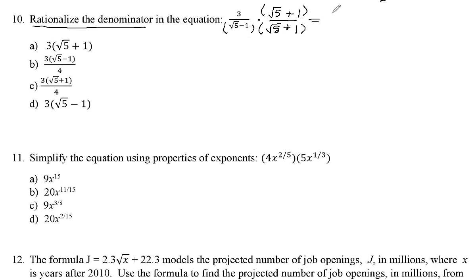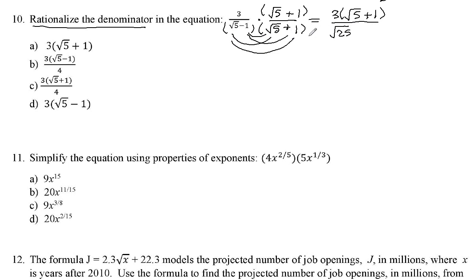So on the top, we're just going to leave that as 3 times the square root of 5 plus 1 in parentheses. In the denominator, though, we're going to go ahead and FOIL this. So square root of 5 times square root of 5 by the product rule, that's going to be square root of 5 times 5, so root 25. Outer terms here, plus root 5. Inner terms, negative root 5. They cancel.